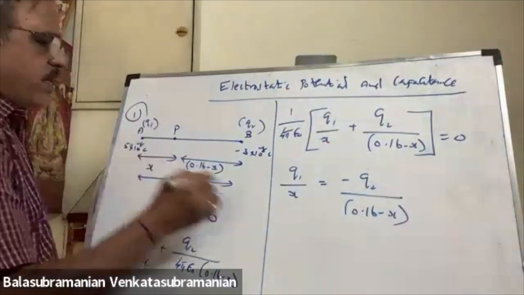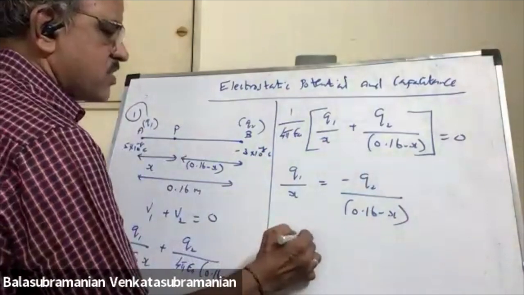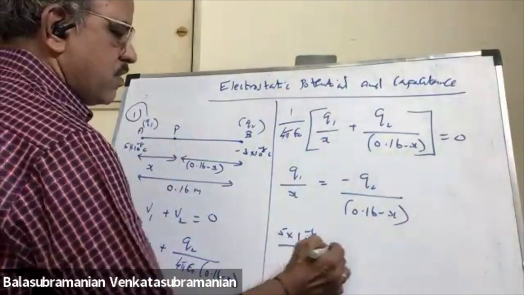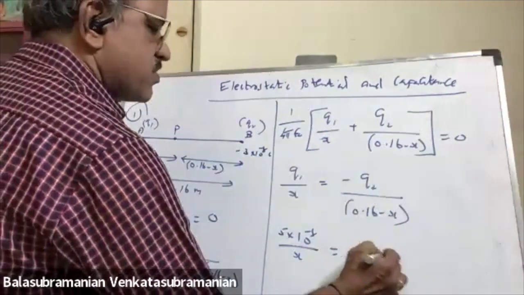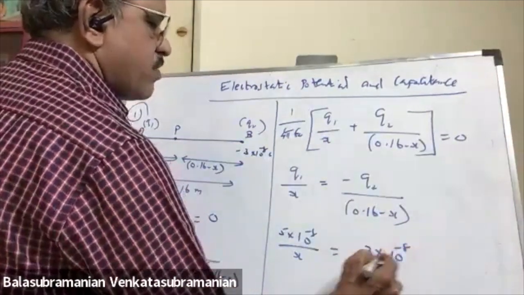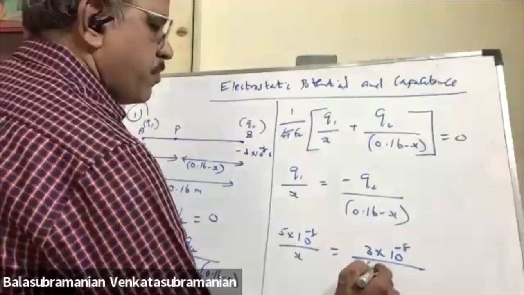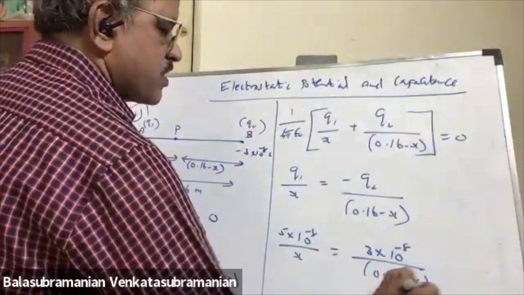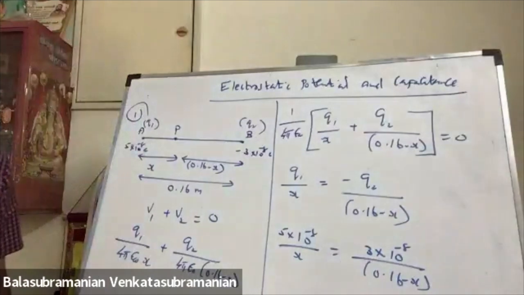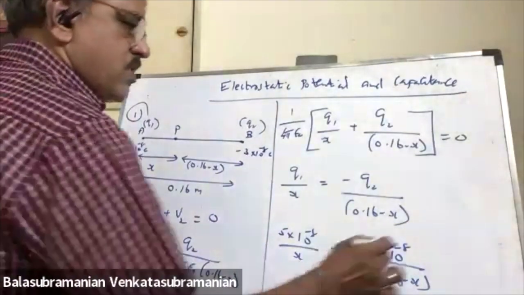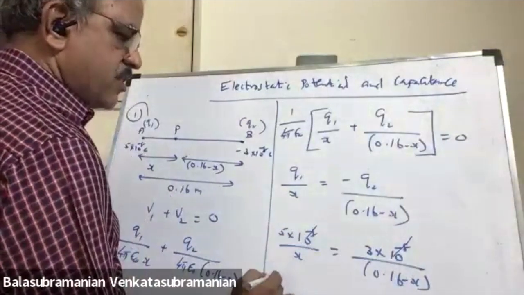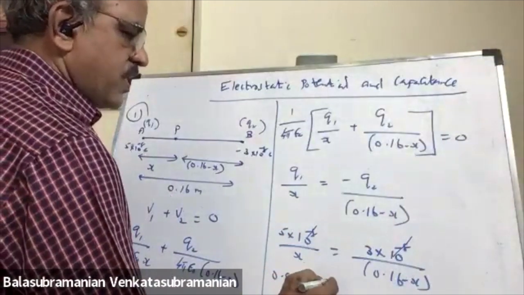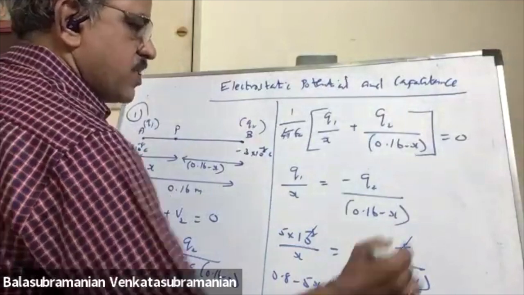Q1 here is 5 into 10 power minus 8. Here minus Q2, so minus of minus is plus 3 into 10 power minus 8 by 0.16 minus x. 10 power minus 8 cancels. 0.16 into 8 is 0.8 minus 5x is equal to 3x.